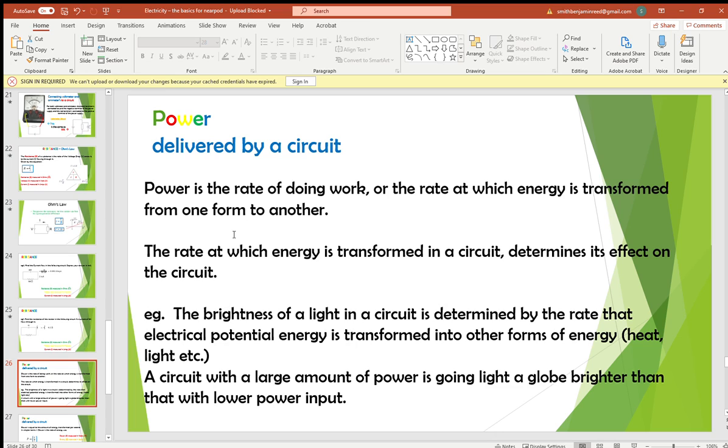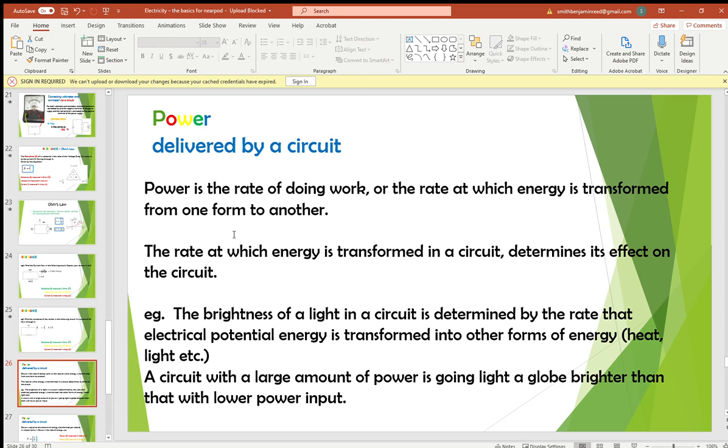Finally, let's talk about the last thing, and that's power. So the power delivered by a circuit. Power is the rate at which work is done in the circuit. We didn't really get to touch on power last semester, but you can measure power in mechanical potential energy just like you can in electrical potential energy, or electrical work done.